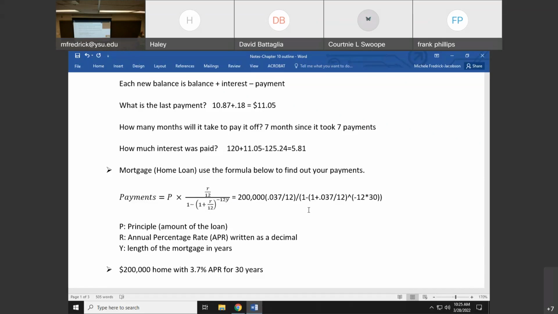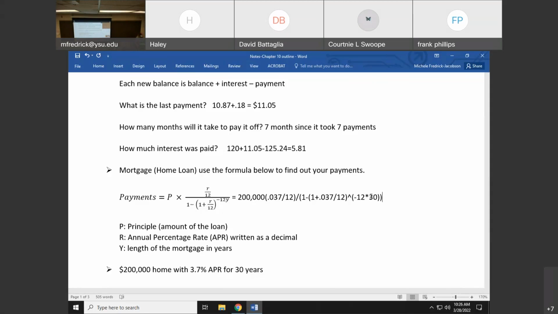This exponent, unless your calculator stays up there, if it just puts the character and then the number right next to it, you either need to multiply this and get the negative 360 or put it in parentheses.